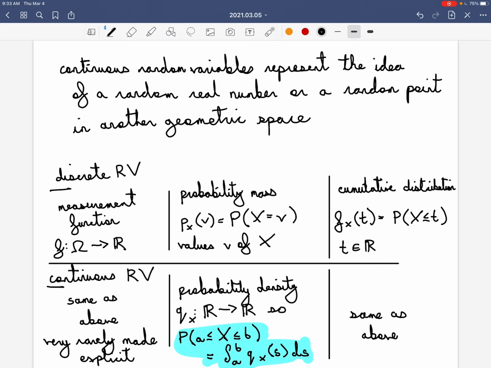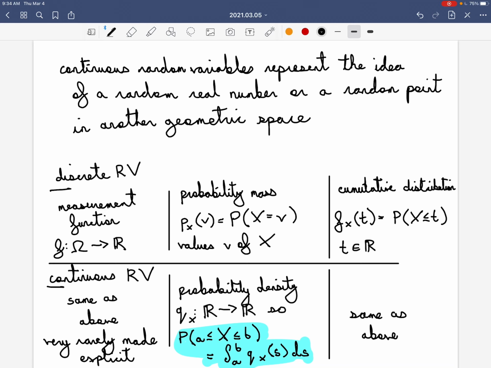A probability density is a function from the real numbers to the real numbers, which allows you to compute the probability that the random variable falls in a specific interval by integrating the density over that interval. So a probability density is always a non-negative function with total integral equal to 1.